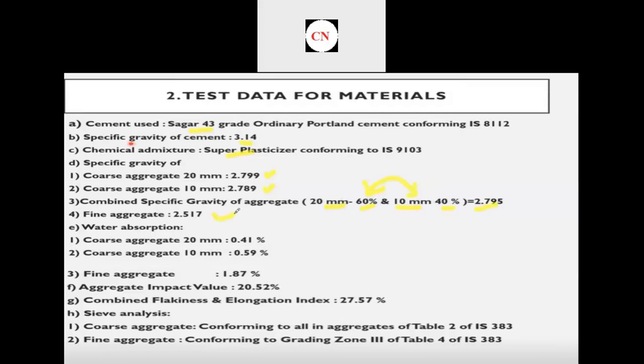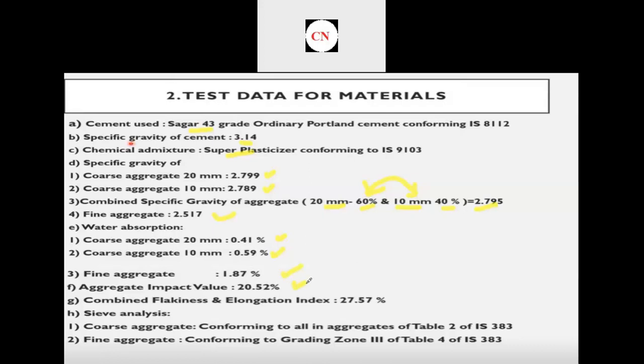Fine aggregate is 2.517. Water absorption for coarse aggregate is 0.41% for 20 mm size, and for 10 mm size, the water absorption of 0.59% is considered. Fine aggregate water absorption is 1.87%.